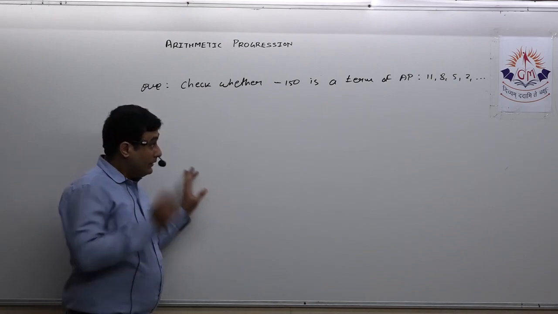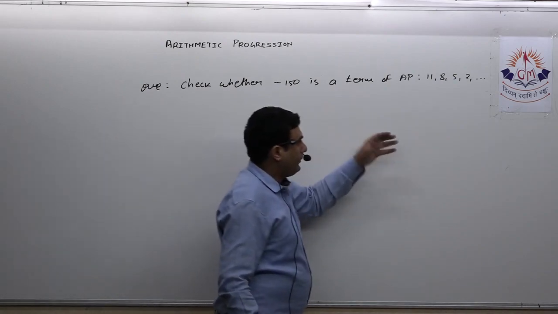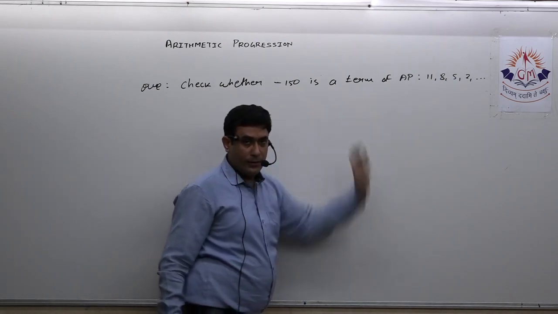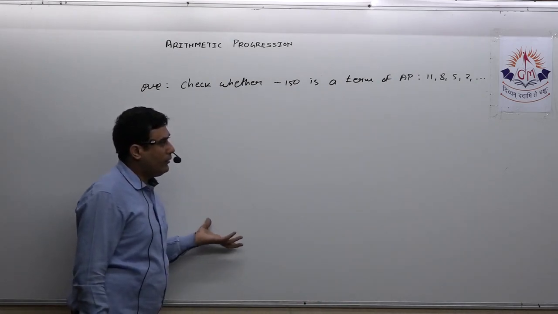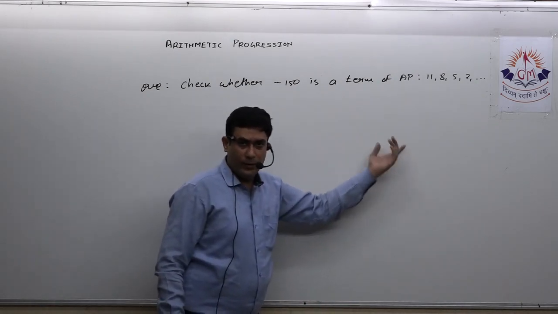We have to check, if I continue the AP, whether I will find this term in this AP or not. So for a while I am assuming, let the nth term of the AP be this.